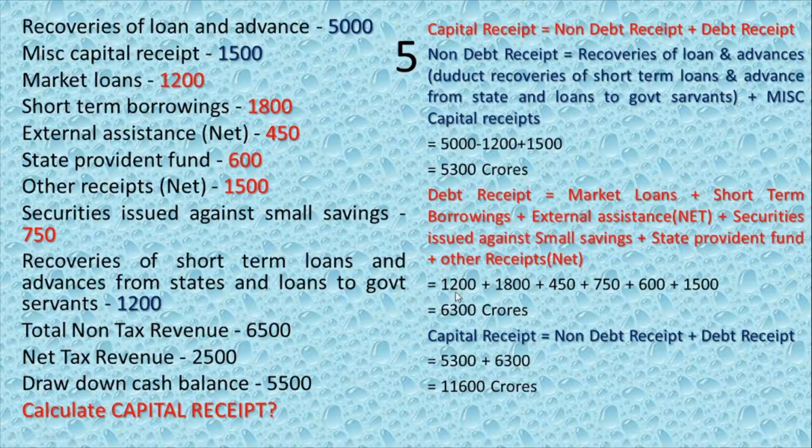So here we'll get 1,200 plus 800 plus 450, 600, plus 1,500. Okay, so we'll add everything. Debt receipts 6,300 crores. Okay, so total capital receipt is equal to non-debt receipt plus debt receipt. 5,300 plus 1,600 is equal to 1,16,000 crores is the answer.